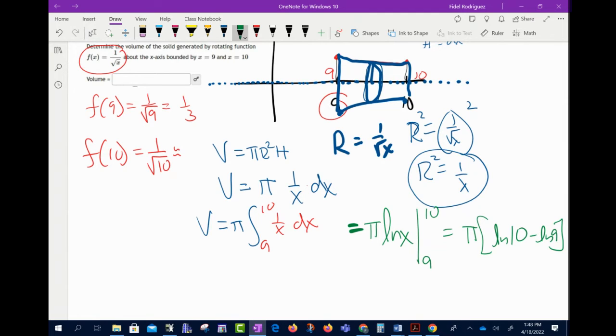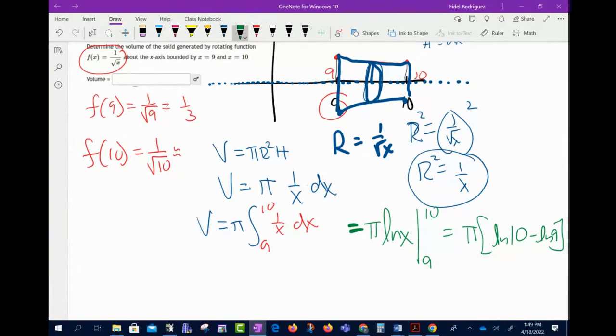Very good. So the antiderivative of 1 over x, y'all, is the natural log of x. Awesome. Glad you remember that. That's one of those where we want to keep using the power rule, but the power rule works as long as my power is not negative one, and we got a negative one, so we can't do it.